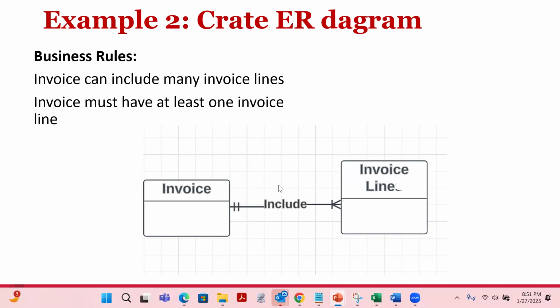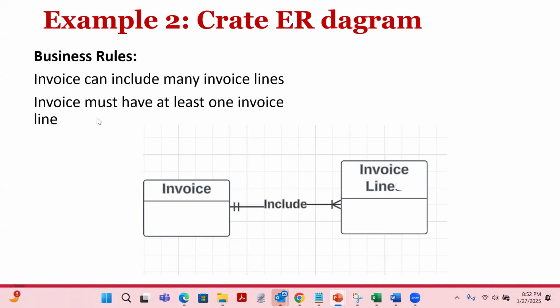So there is a relationship between invoice and invoice lines that is many and one. I would probably put it as optional if I only had this one business rule.